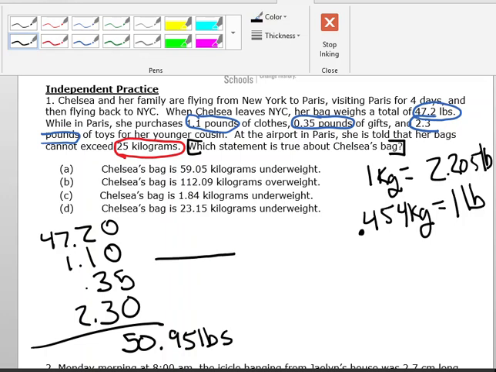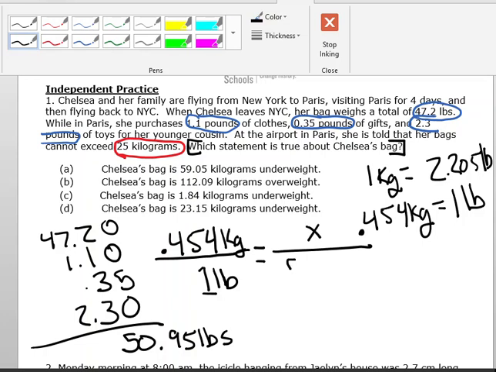So I want to go from pounds to kilos. I'm going to put my kilo conversion here: 0.454 kilos over 1 pound is equal to X kilos, because that's what I don't know, over 50.95 pounds.